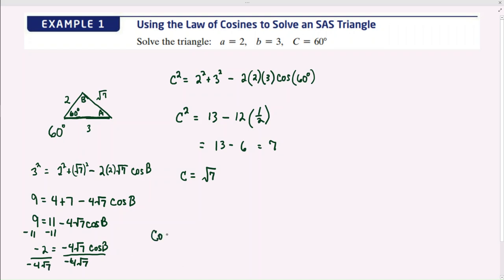Putting cosine of B on the left-hand side by itself, the cosine of B is equal to 1 over 2 times the square root of 7.